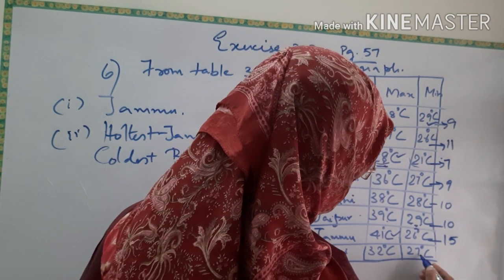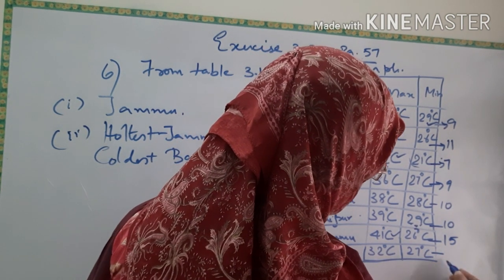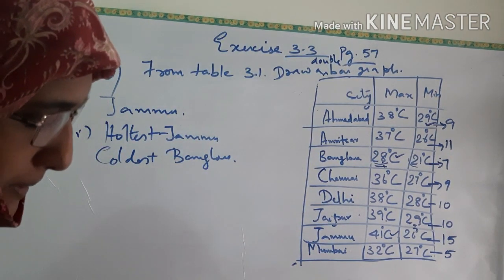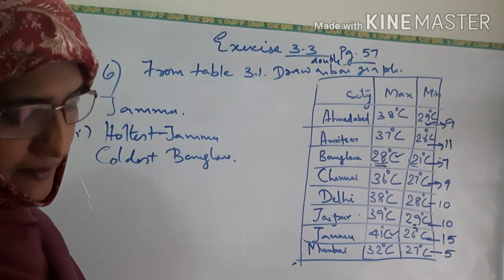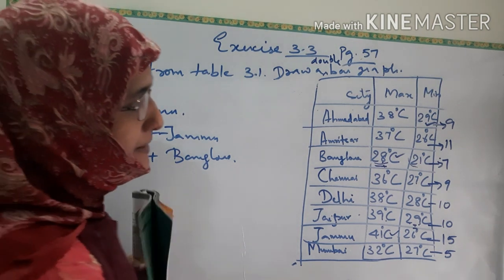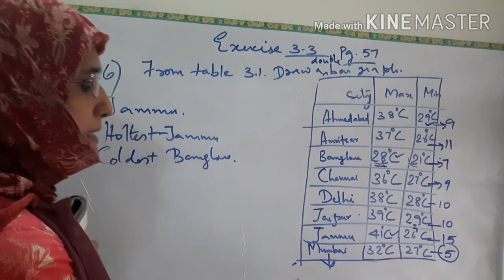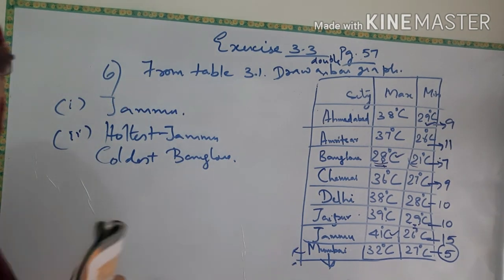Then 32 and 27, 5. So, that is the question. Name the city which has the least difference between the minimum and maximum. Which is the city having the least difference? That is Mumbai. Mumbai is the answer for the last question.